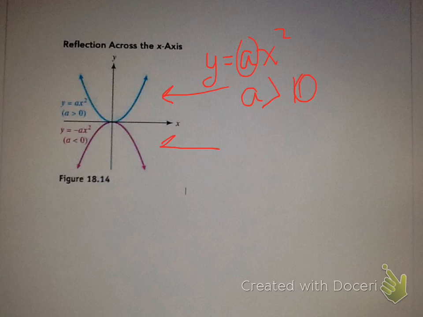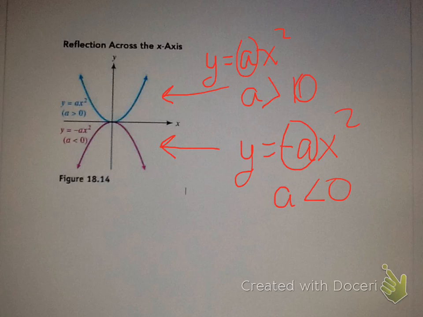And this one faces down, and it's y equals negative ax squared, meaning that there's a negative coefficient in front of that x squared, and that a is less than 0.